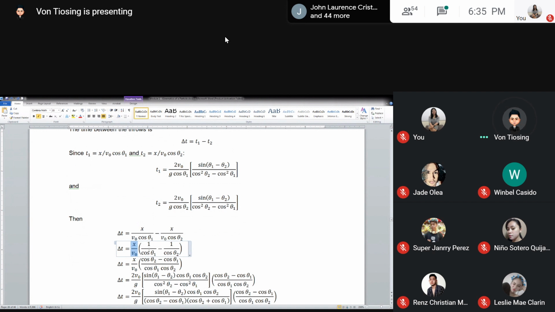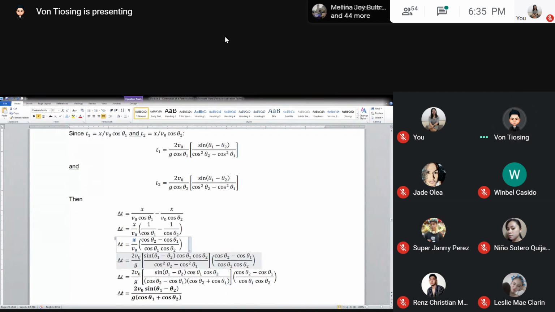So 1 over cosine theta 1 minus 1 over cosine theta 2 is this one. Now, here we substitute the x, which is what we had earlier.